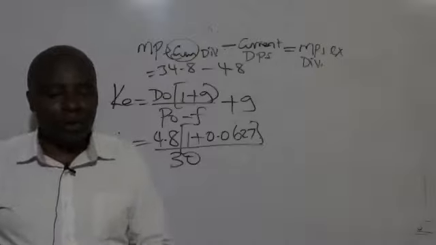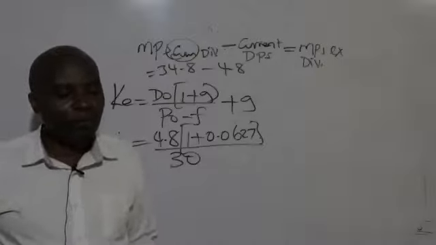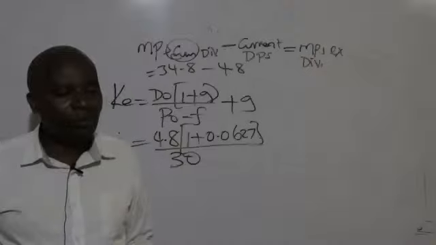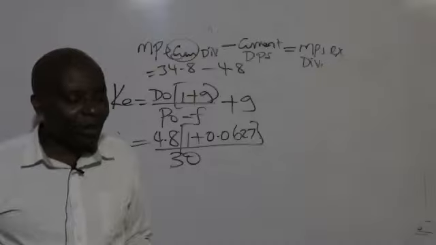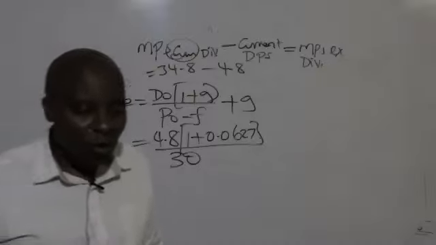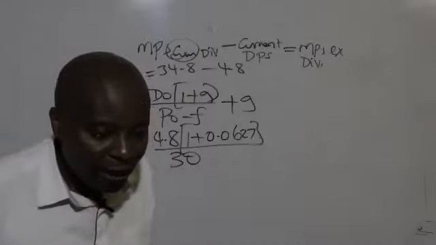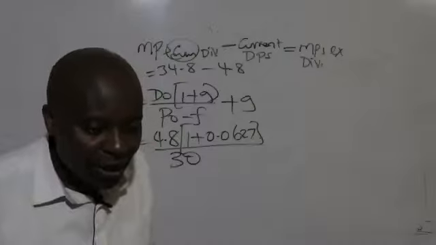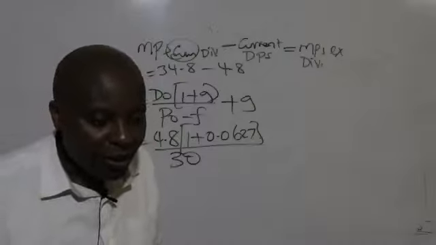So any other question there? We check D0. So why use the current, which is 4.8, for year 2018?